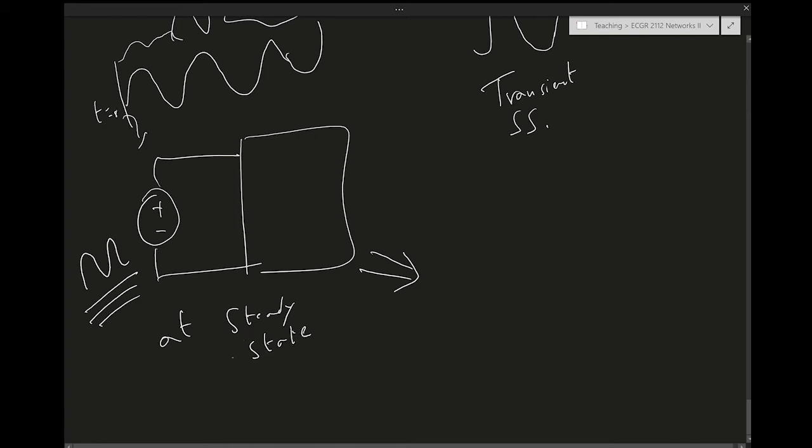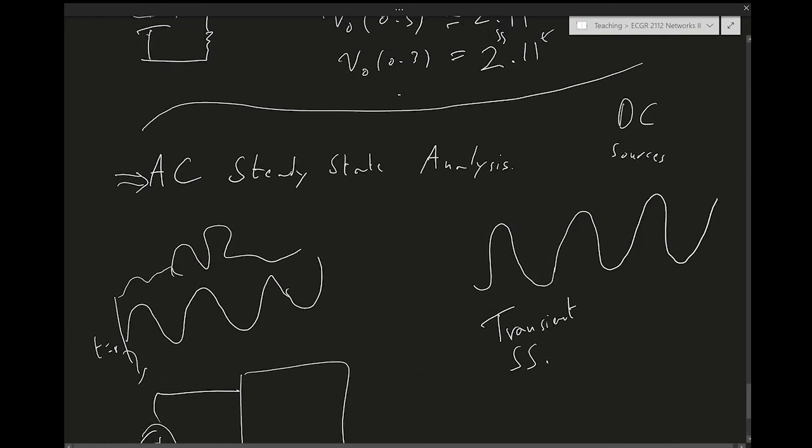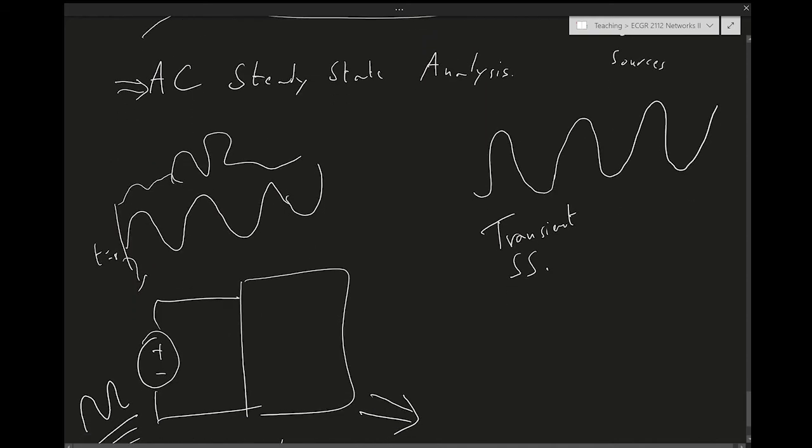So the question of what the transient would behave like will remain open for now. We will not try to solve that problem, but we want to investigate what kind of things we can say about the steady state response due to AC. Right? Although for historical reasons we call this AC in contrast to DC.